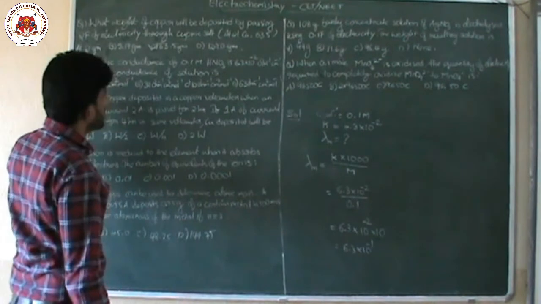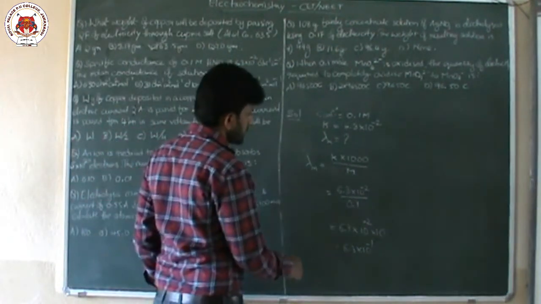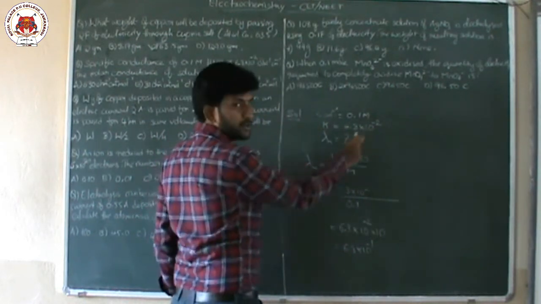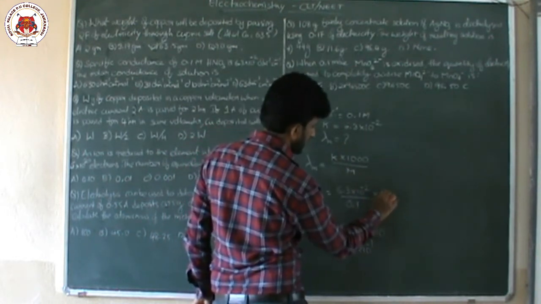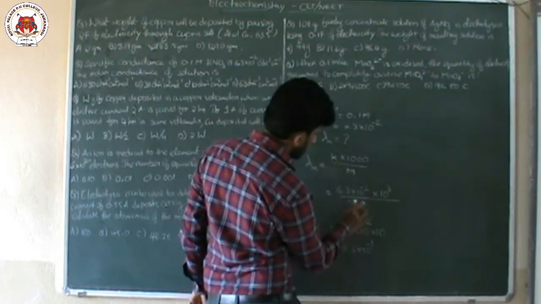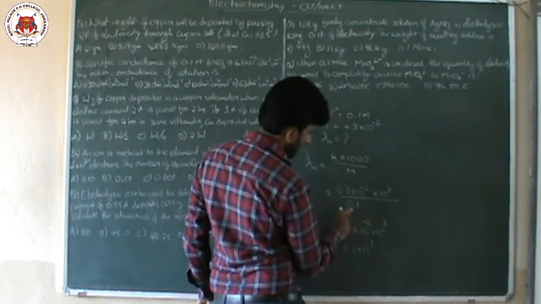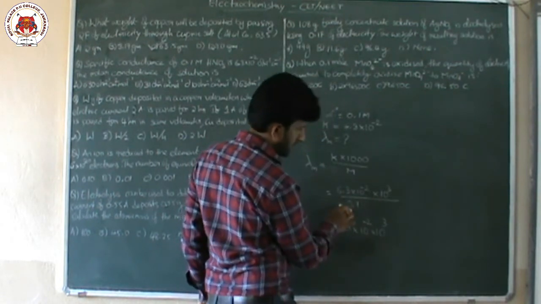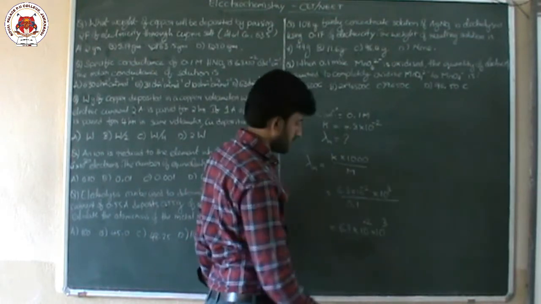Now if you look at this, into 1000 I forgot to write here. K value is 6.3 into 10 power minus 2, into 1000, that I can write 10 power 3. 0.1 is 10 raised to minus 1, it will go upside, 10 raised to plus 1.